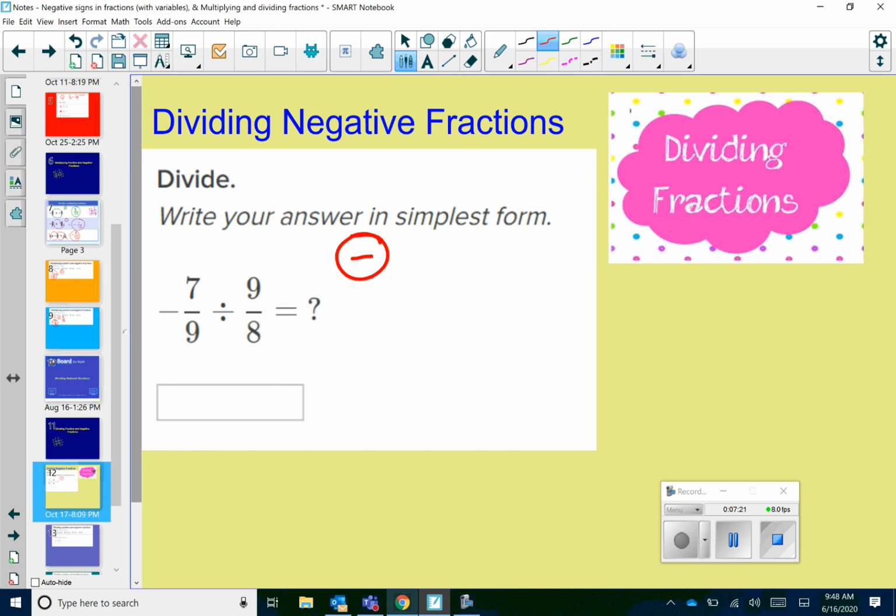And then what you need to remember with your fractions is you always have to do your keep, change, flip step. So I'm going to keep my first fraction. I'm not even going to bother to keep the negative because I already know my answer is a negative. I'm going to change my division sign to multiplication, and then I'm going to flip my last fraction. Because when we divide fractions, we have to multiply by the reciprocal.